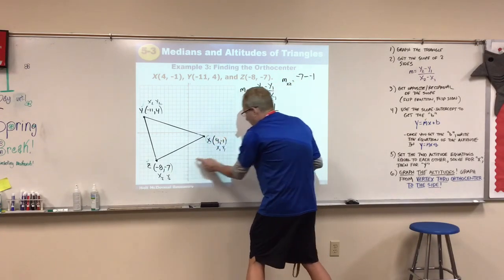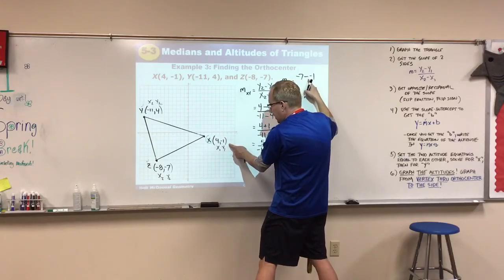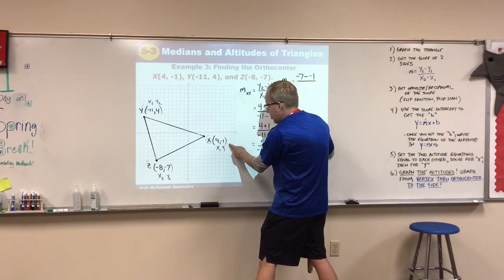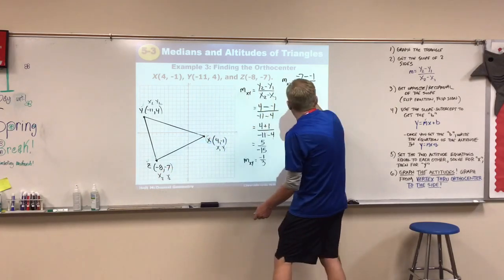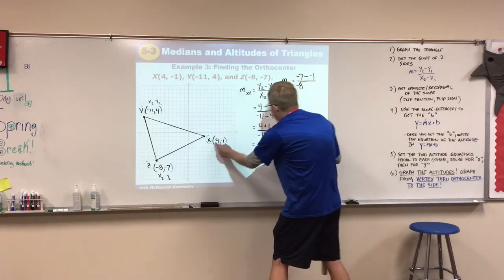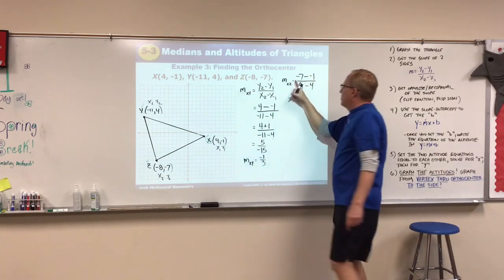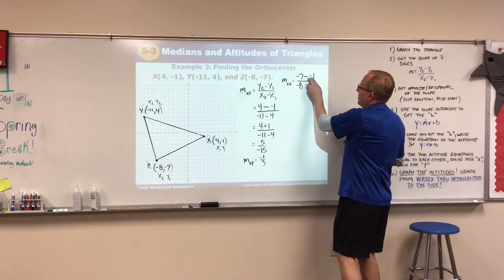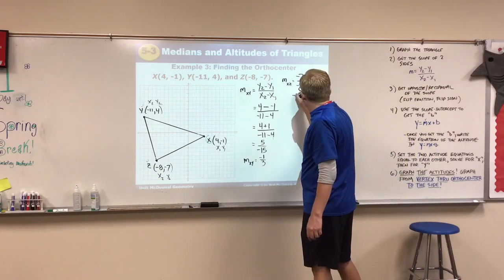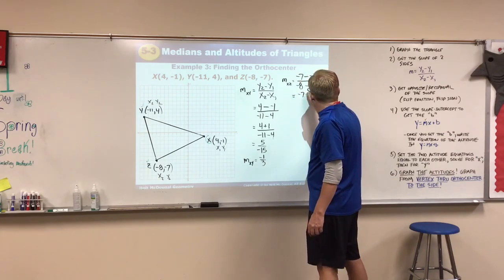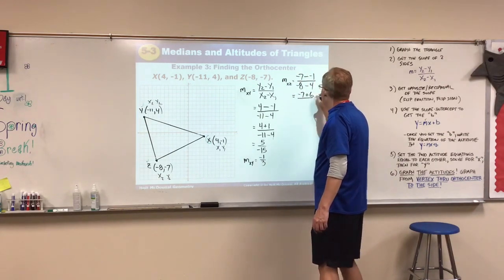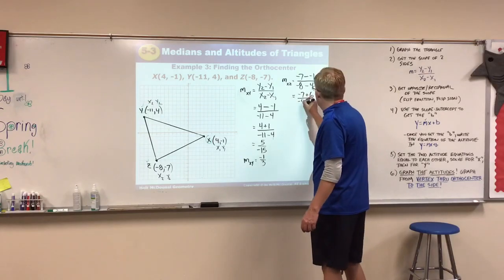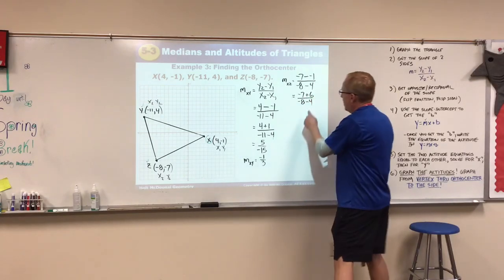So y2 minus y1, negative 7 minus negative 1, all over x2, which is negative 8, minus 4. So there is y2 minus y1 over x2 minus x1. Minus a negative is a plus. So this is equal to negative 7 plus 1 all over negative 8 minus 4.